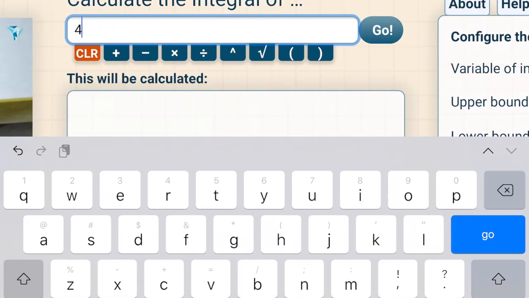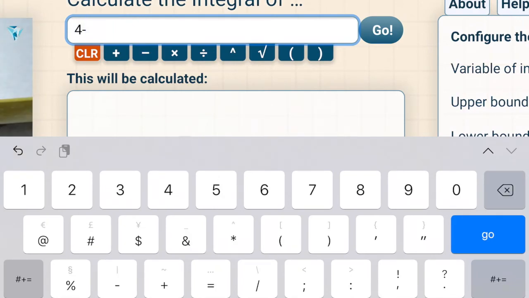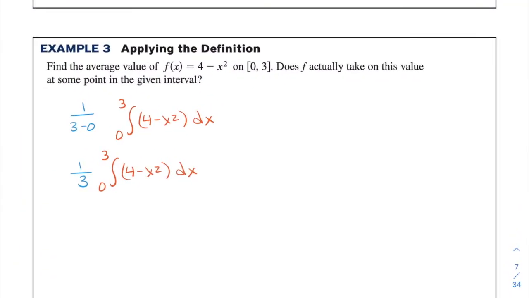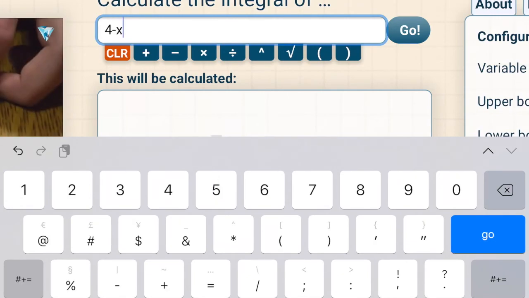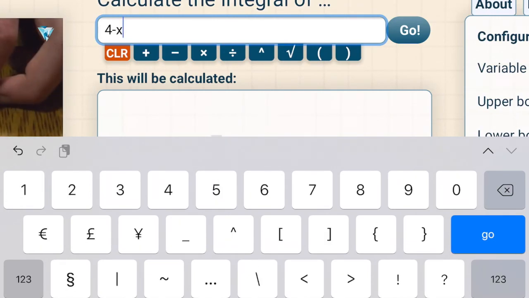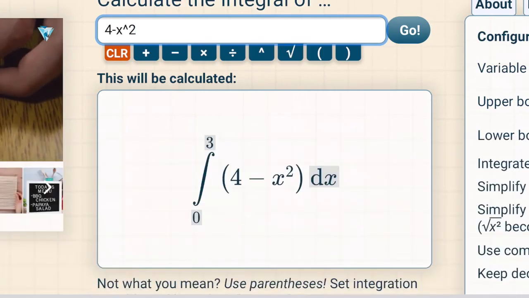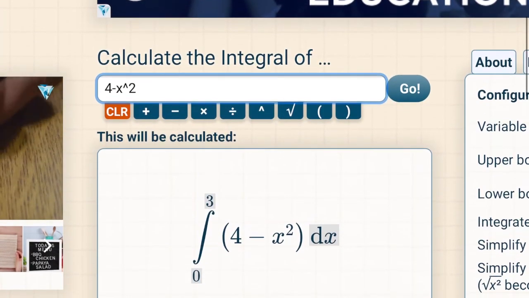So it's definitely 4 minus x to the 2. I hope that didn't get cut off in my video.